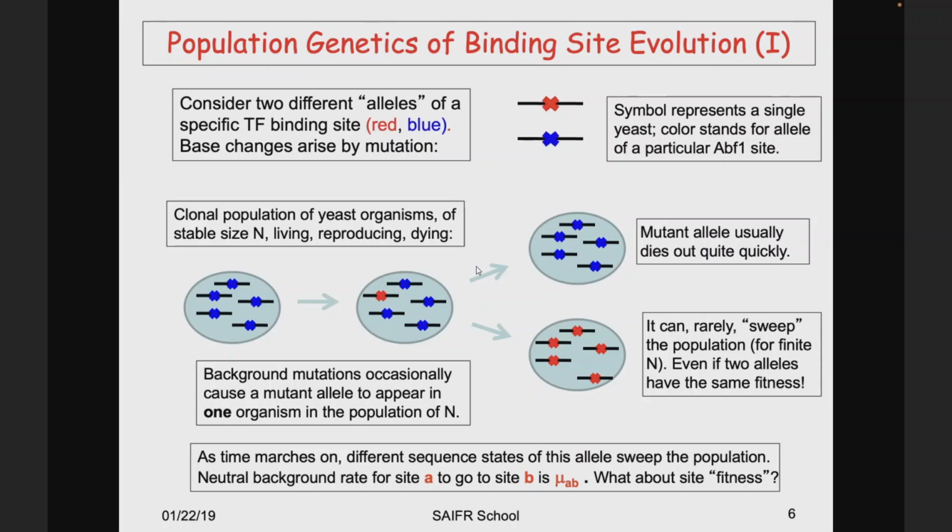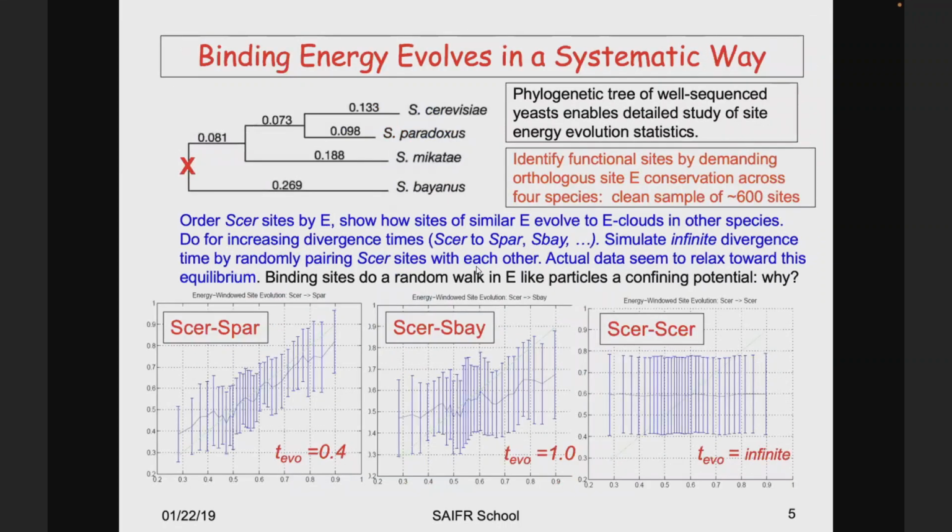Professor, in the previous slide, the T-EVO, it's some kind of measurement of when they diverged. Yes. And why is the one from the last box infinite? Oh, okay. So infinite simply meant I scrambled.